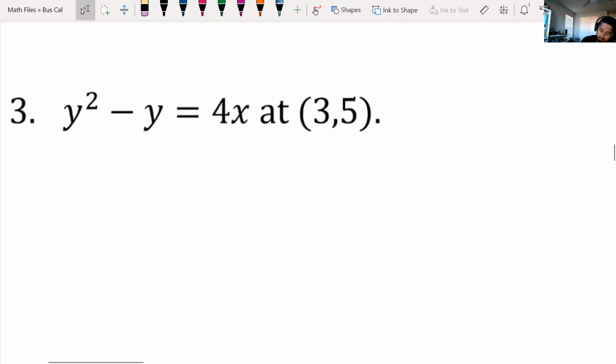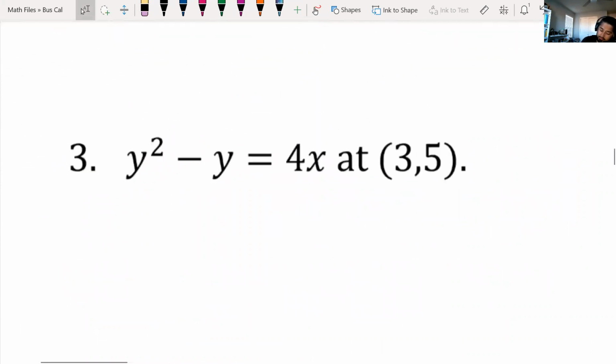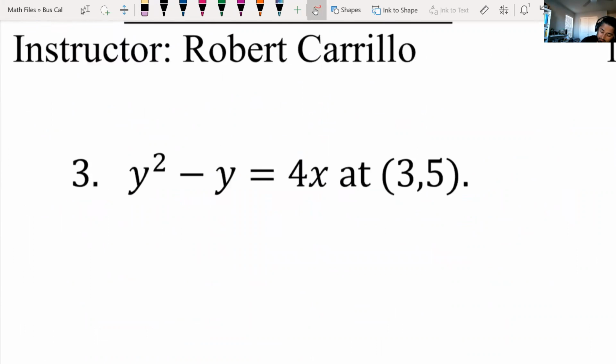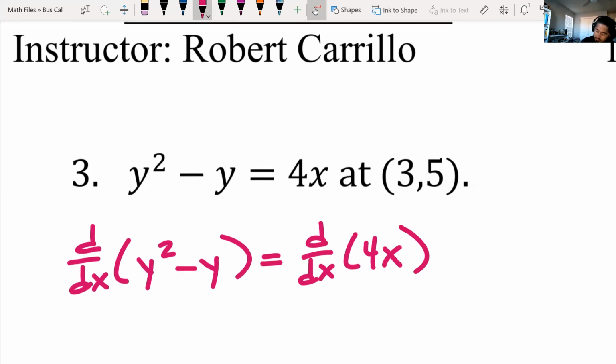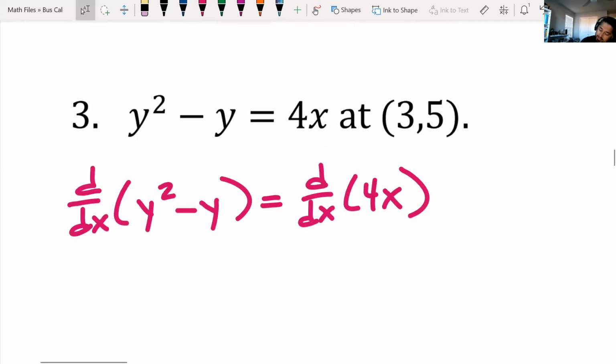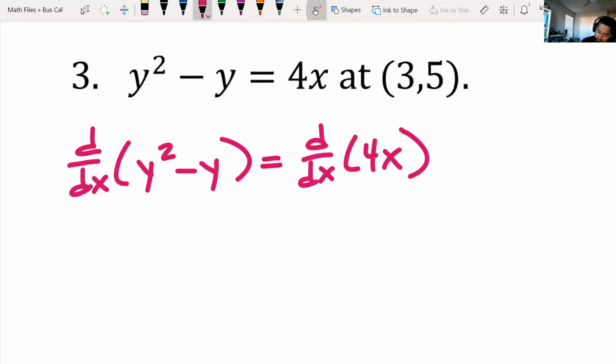All right, number 3, do it again. And say, apply d over dx to both sides. And now take the implicit derivative of the left side.